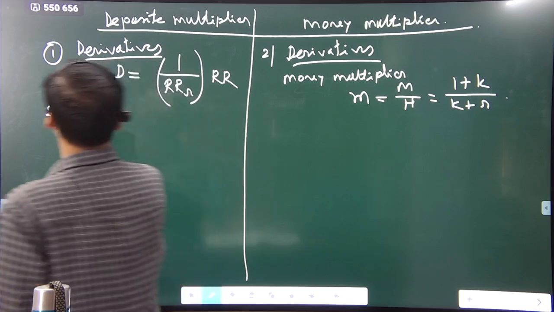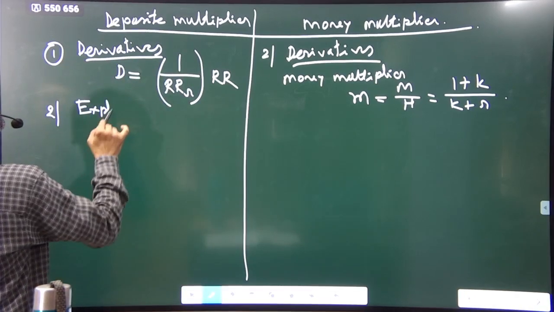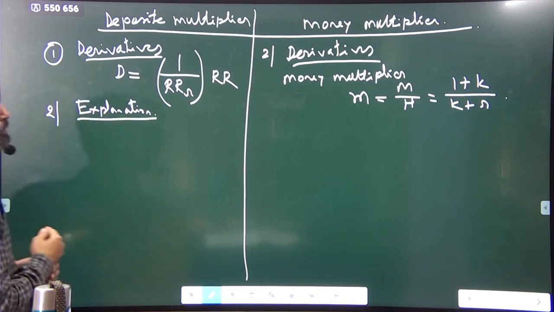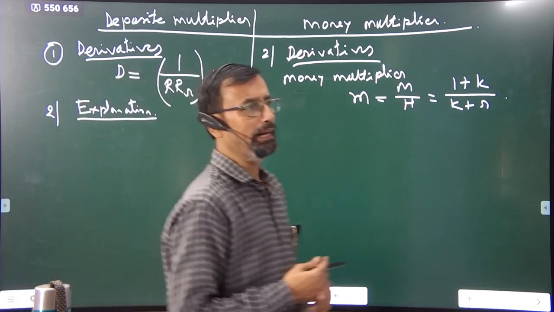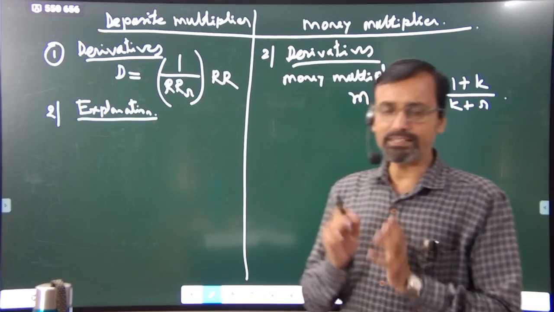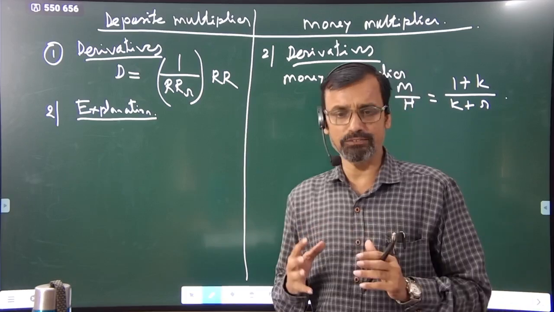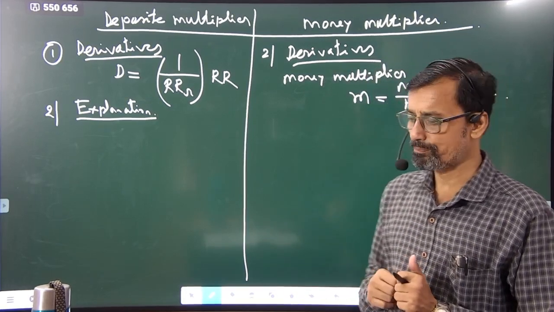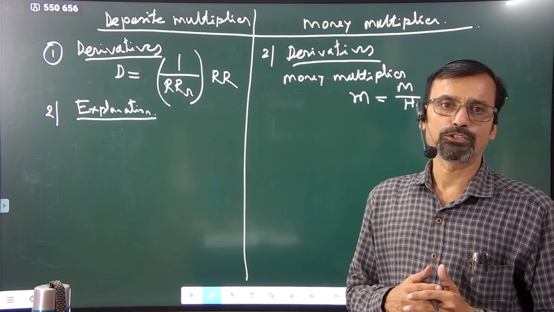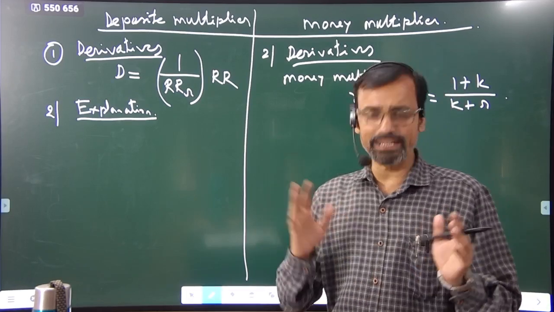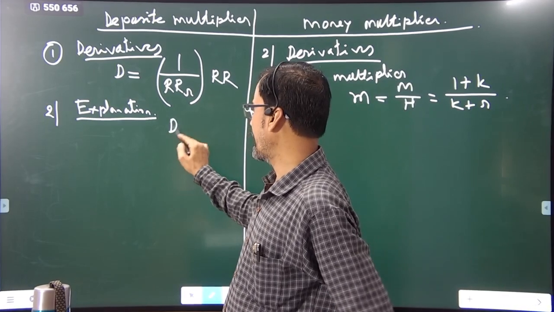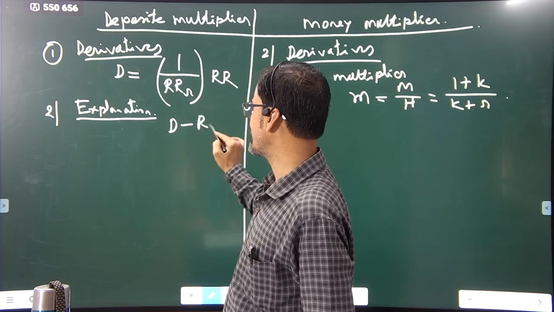Now in this explanation, try to understand one thing here. All the commercial banks lend which amount of the deposit? A certain amount is reserved from our demand deposit, and that amount is called the required reserve. So a commercial bank can lend only the excess reserve. That is, excess reserve is total demand deposit minus reserve.